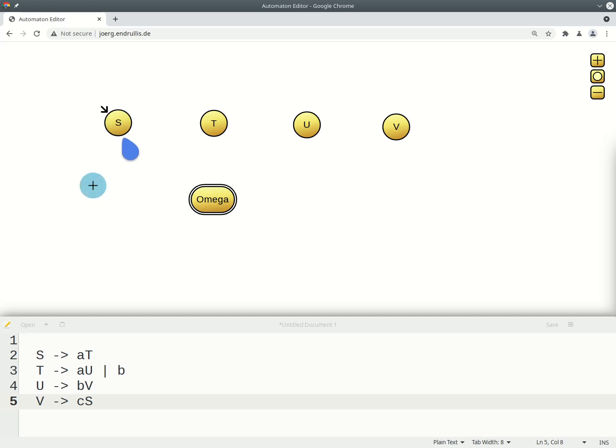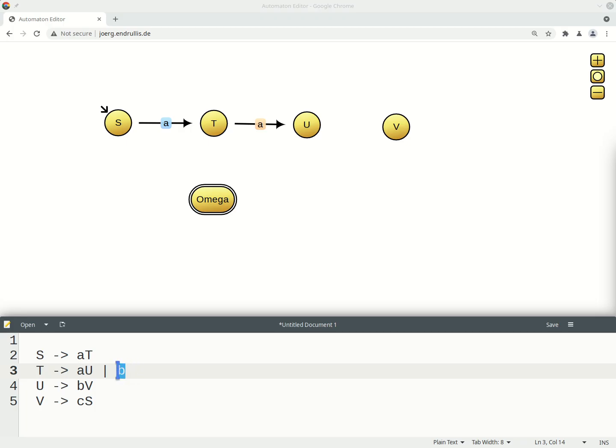Now, from S, we can go to T by producing A. So we have an A transition from S to T. We produce an A. From T, we can switch to U via A. So we have a transition from T to U with label A. From T, we can also just produce a B and erase the variable.